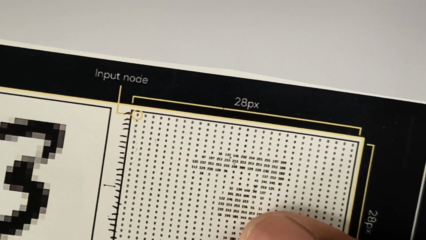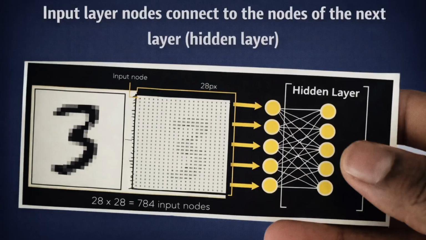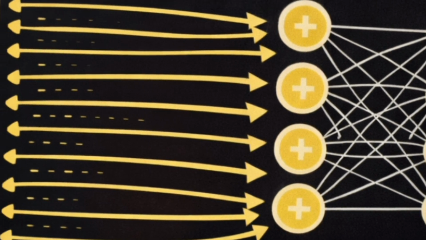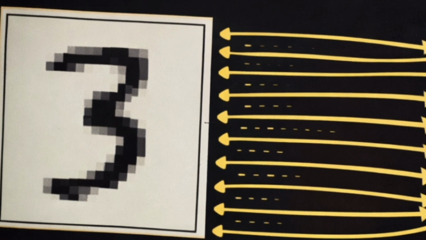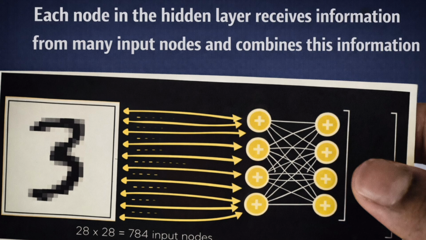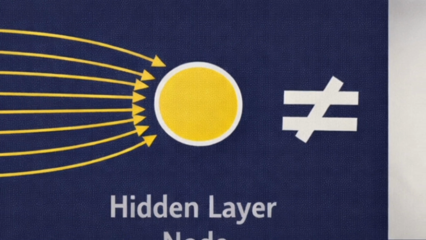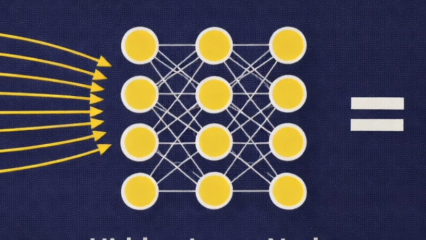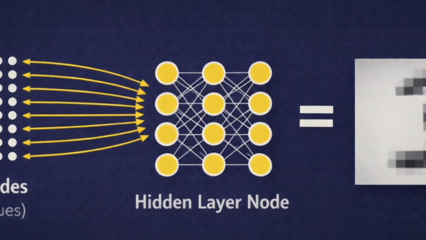These input nodes from the input layer are directly connected to the nodes of the next layer, which is the hidden layer. Each node in the hidden layer receives information from many input nodes and combines this information. A single node does not understand the whole problem, but when many nodes work together, they start forming meaningful patterns.